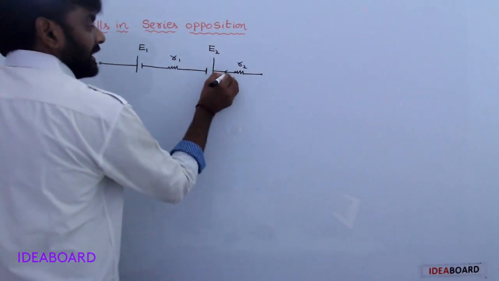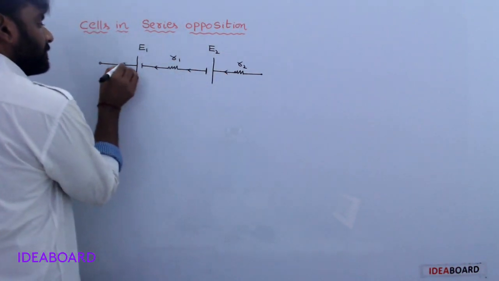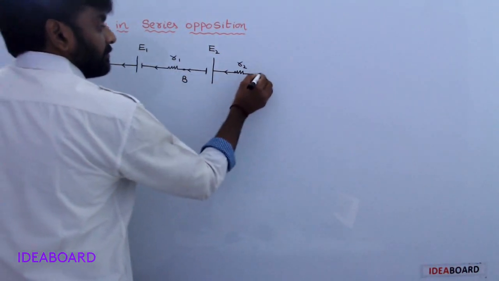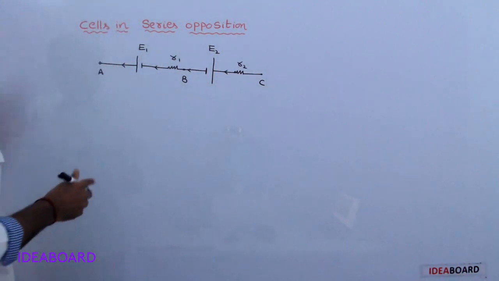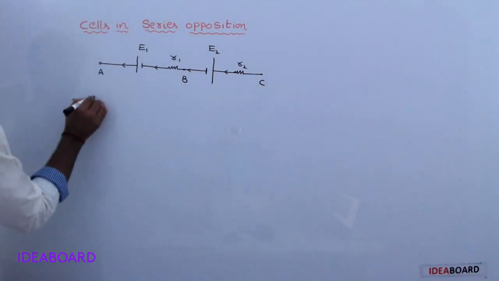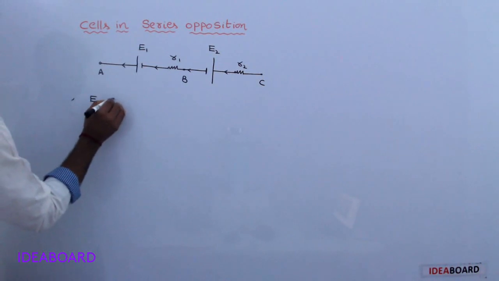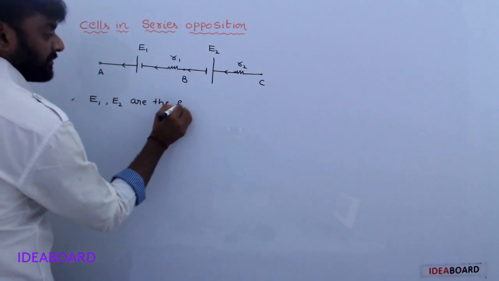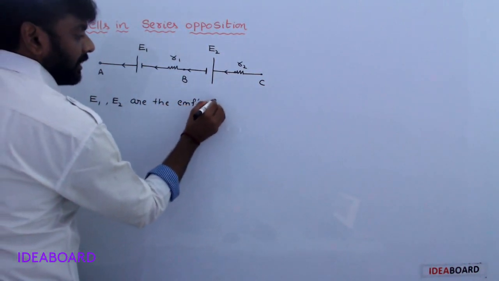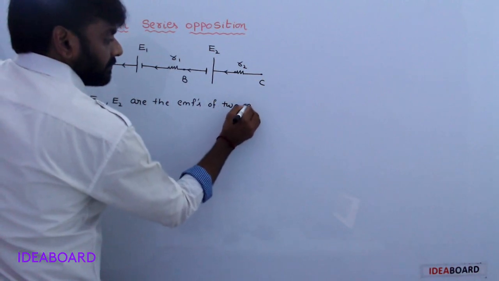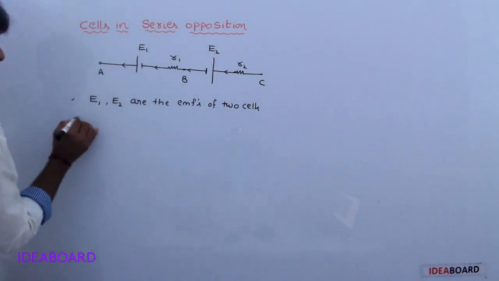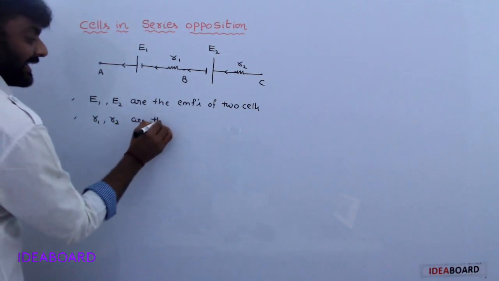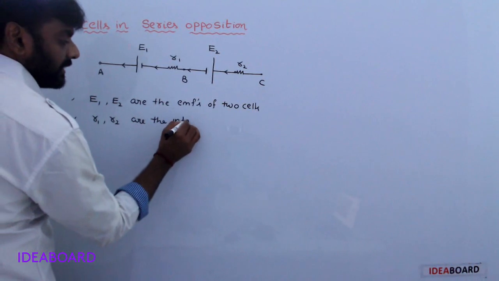Now, this is the current direction. This point is A, this point is B, this point is C. E1 and E2 are the EMFs of the two cells. R1 and R2 are the internal resistances of these two cells.